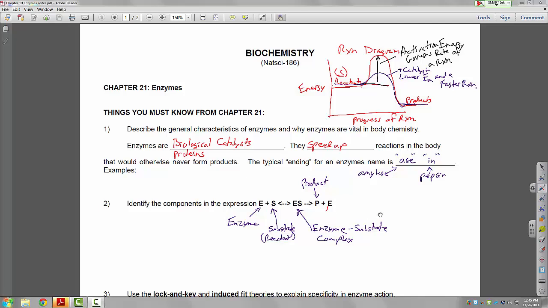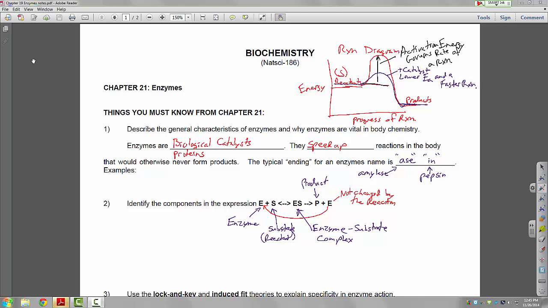This free enzyme then can go back and bind more substrate, so the cycle continues again. So the thing about the enzyme, and actually the thing about all catalysts, is they participate in the reaction but are not changed by the reaction, so it can continue to bind more substrate and carry out that reaction.